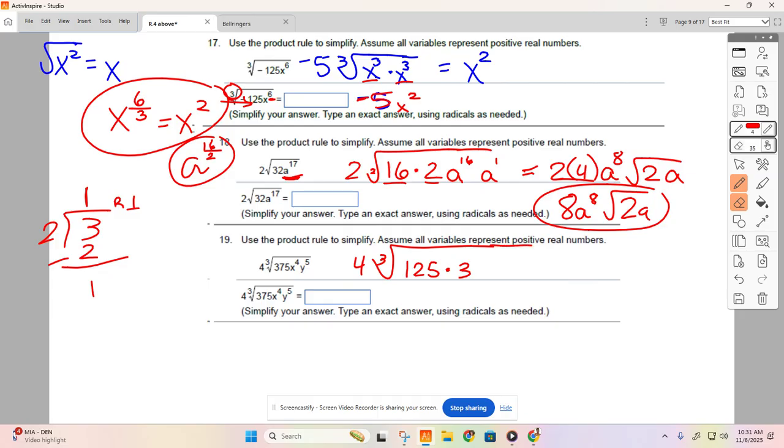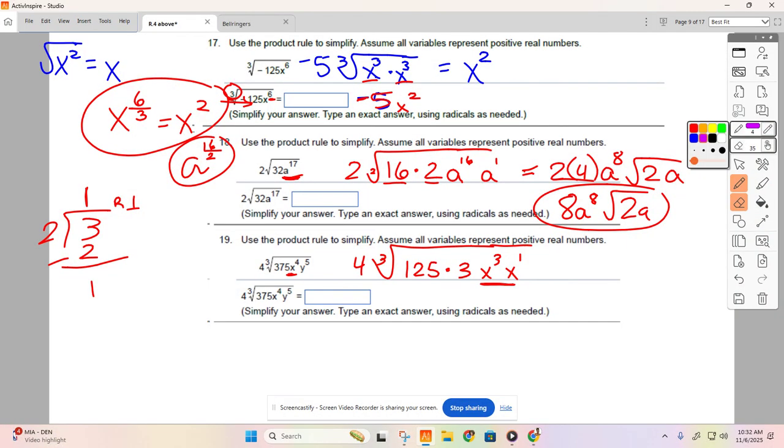I'm taking the cube root, so for my x to the 4th, I'm going to write it as x cubed times x. X to the 4th is the same as x cubed times x. Because remember when you multiplied, what you had done was added exponents, so this is the same as these two put together.